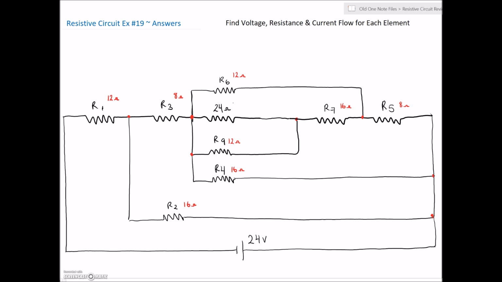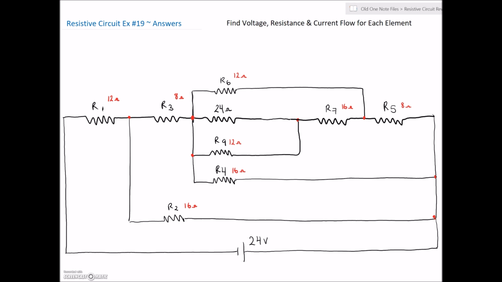Okay, so we have an equivalent resistance for 8 and 10 because we put those two together. Next thing we need to do is look for any parallel combination here. Let's take a look and see if we can find one that we can bring together. And we can, seeing as most of them are just two resistors in parallel, we can use product over sum to find the equivalent value.